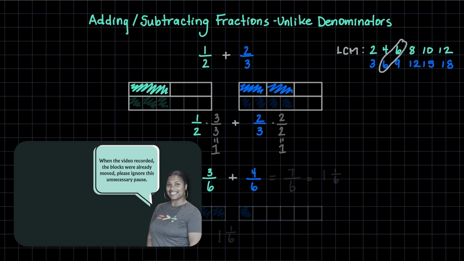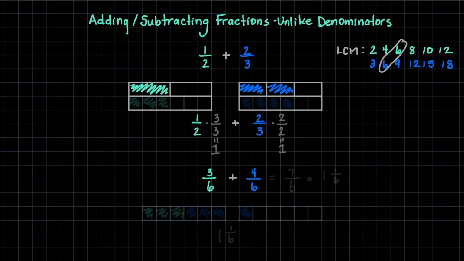Okay, so what does 3 over 6 look like? That means I have something split into 6 equal parts, and I have 3 of them. 1, 2, 3. And you can see how that's equivalent to the 1/2 we started with.